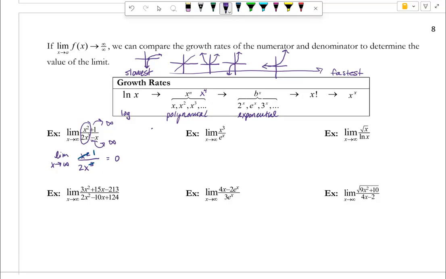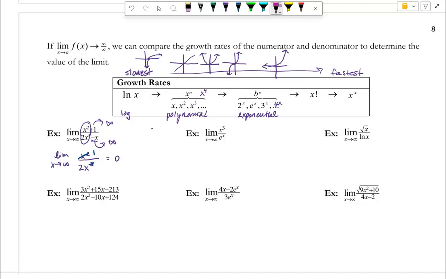So just like polynomial functions, with exponential functions, the greater the base, the faster the function grows. So e to the x grows faster than 2 to the x, but slower than 3 to the x, because e is about 2.7. So we know like 4 to the power of x would grow faster than 3 to the power of x. Okay, and we said these last 2 we're not really going to deal with right now.